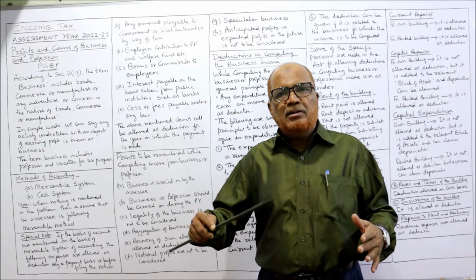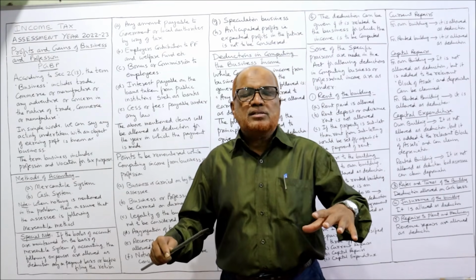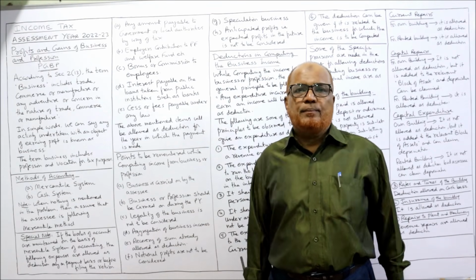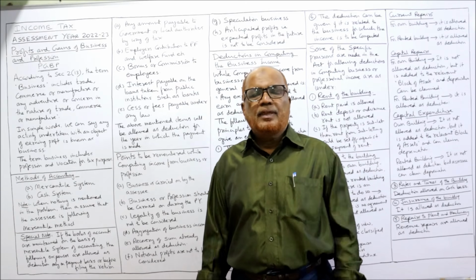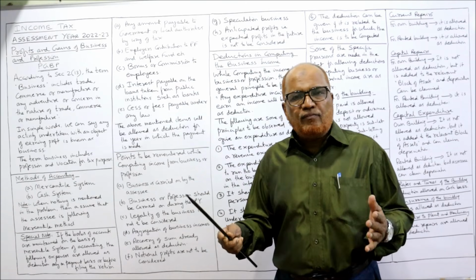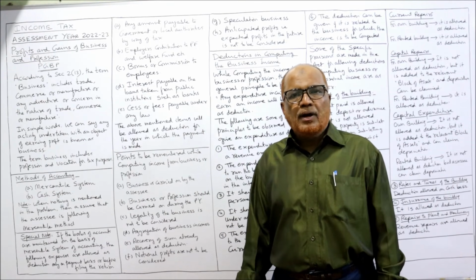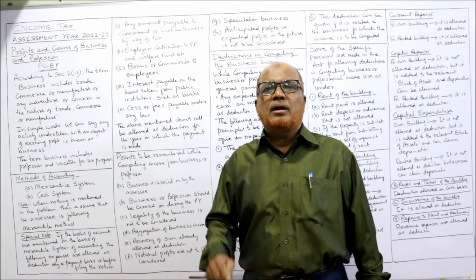That activity may be trading activity, that means buying and selling. Commerce, which includes trade as well as aids to trade. All the activities which help the trade, that will come under commerce. Example, finance, then transport, warehousing, advertisement, marketing, all these will come under commerce.